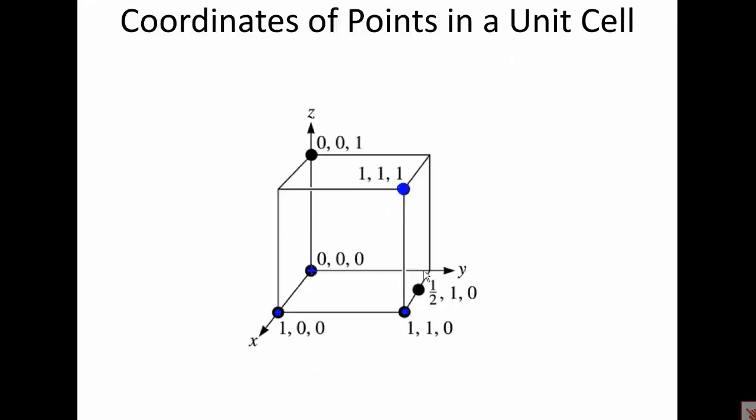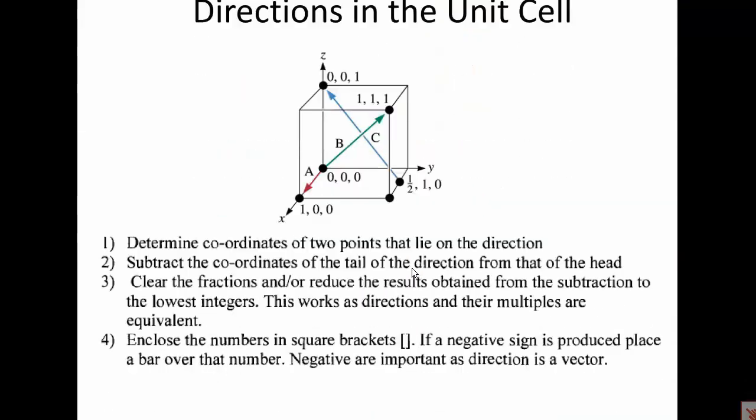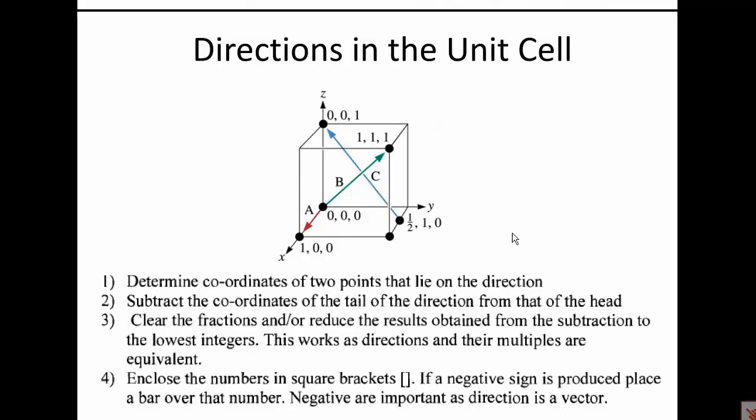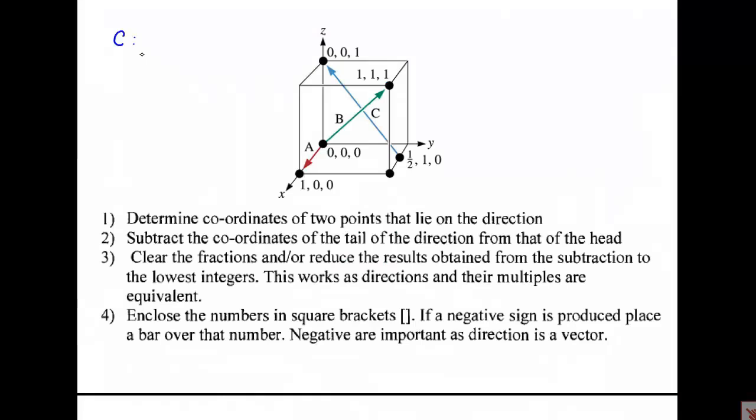Having defined coordinates, we can now calculate directions. We're going to calculate what are known as the Miller indices of direction C using this four-step process.